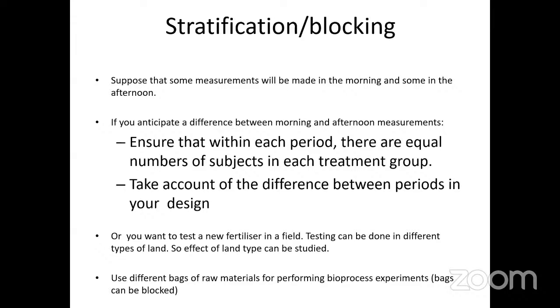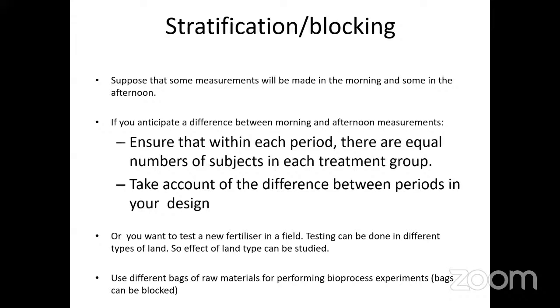So you are blocking the set of experiments based on geographical location. That's called blocking. That's also important because you cannot compare results from Tanjore with Trichy, because the type of soil, the type of humidity, the type of weather patterns, all those may be different. So it's better to have them separately and do the analysis.